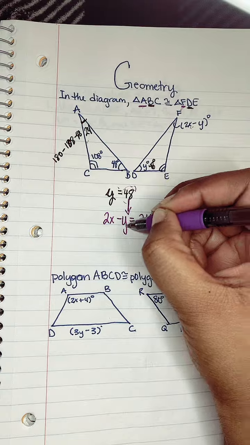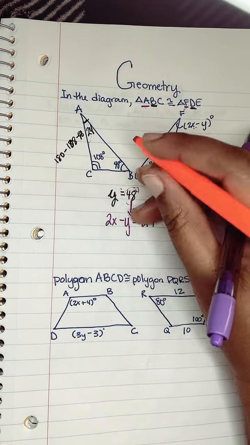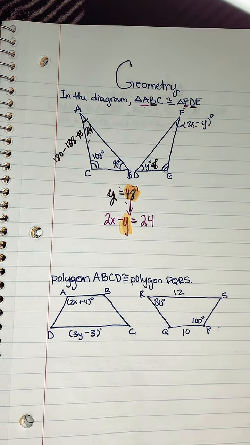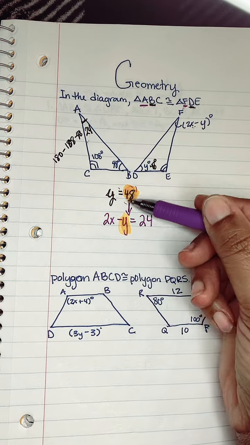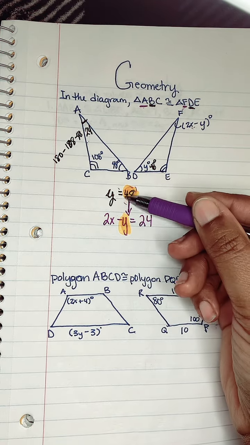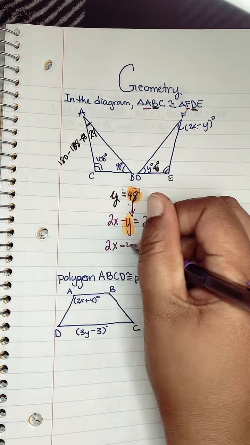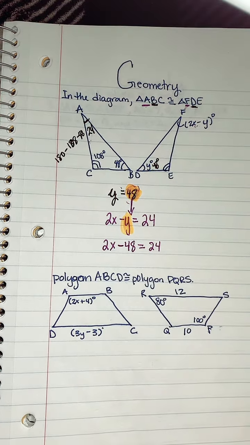We can plug this in for here, you guys. Beautiful. This is where this algebra comes into play. Substitution, right? That's why we learned how to substitute systems of equations. It's all connected, you guys. We're plugging this in for here. So we would do 2x minus 48 equals 24.